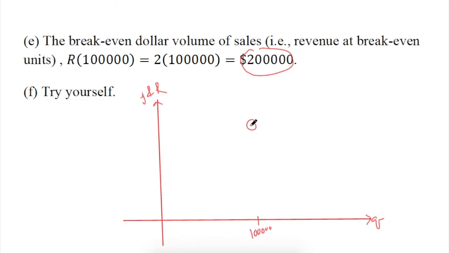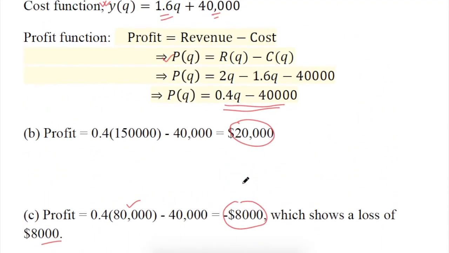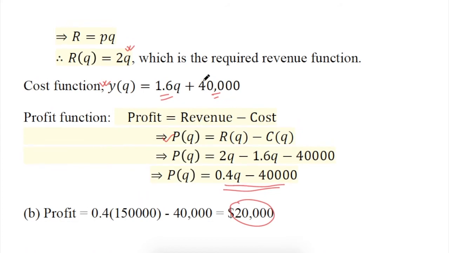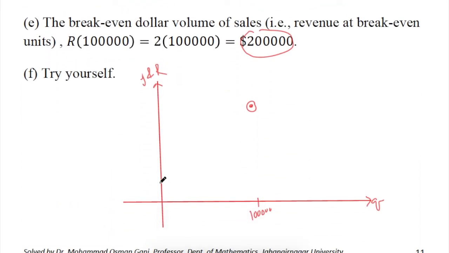You can put the break-even point anywhere, and you need to consider this distance 200,000. Then you can have a look at the cost function. The cost function starts from 40,000. So if this is 200,000, then 100,000 will be here and 40,000 will be here. So your cost line will start from here and the revenue line will start from here.